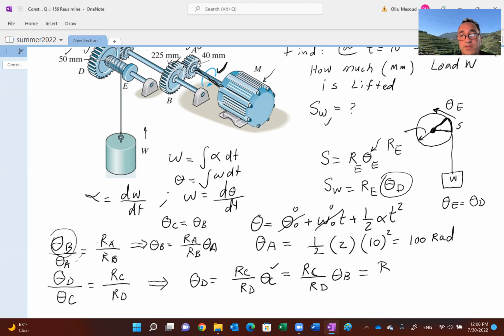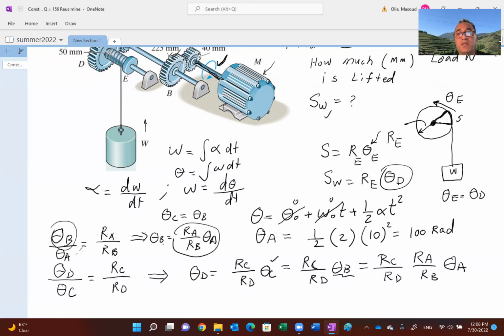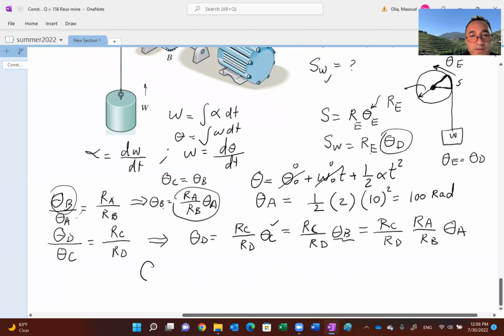So look what happens eventually. Here, RC over RD, right? And theta B is right here, RA over RB theta A. Or you could do it step by step if you want. It doesn't really make any difference. So here's my final equation for getting how much D is going to rotate.